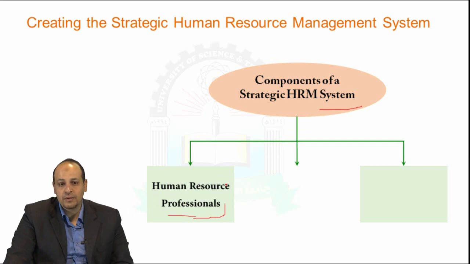So here, strategic human resources, percentage of employees who can code company strategy and vision. So this is number 1 issue.